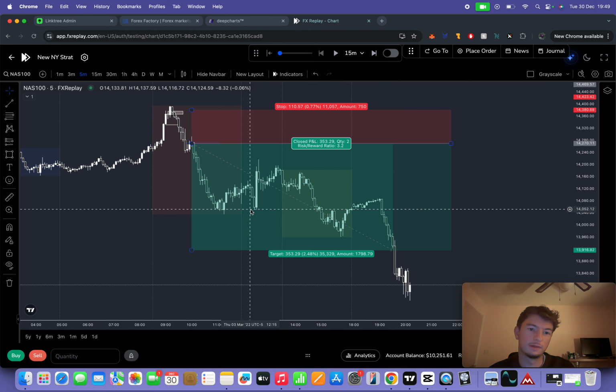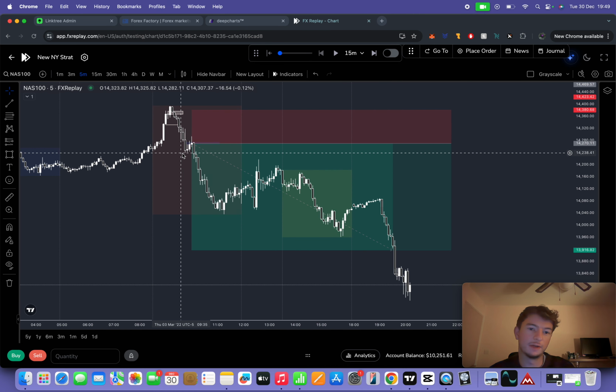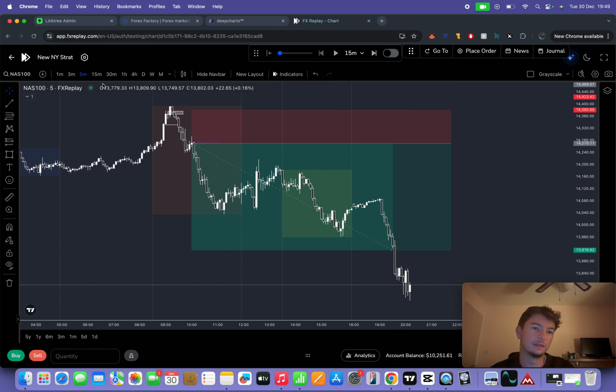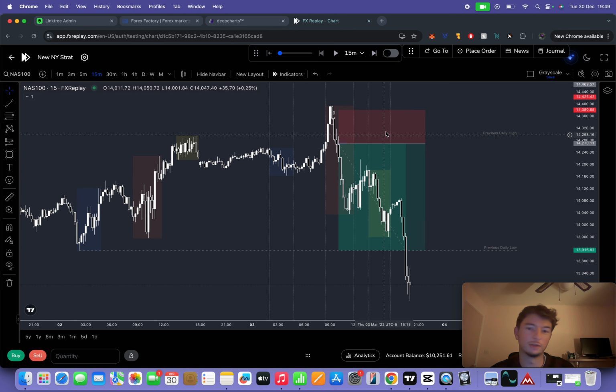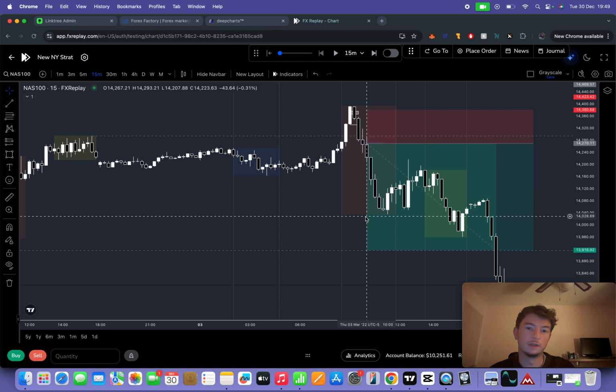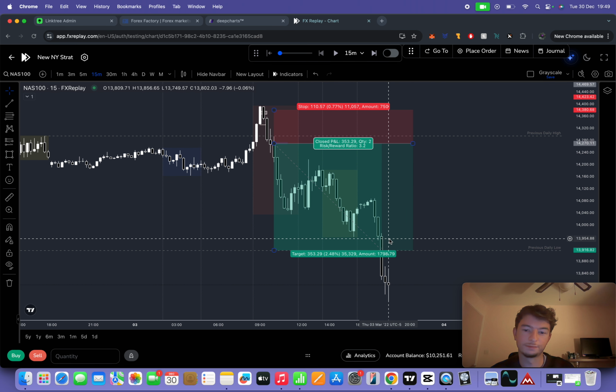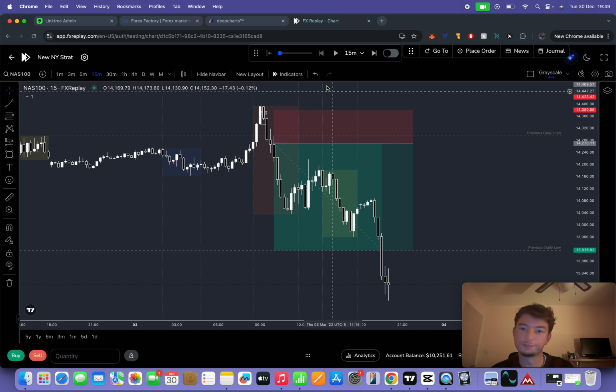Inverse, break, fair value gap entry, stop above the inverse, target the previous daily high or low, depending if it's short or long, and then that hits in the Asia session, just coming into Asia.